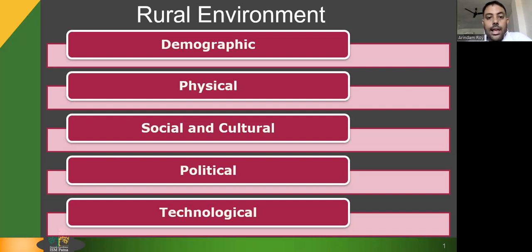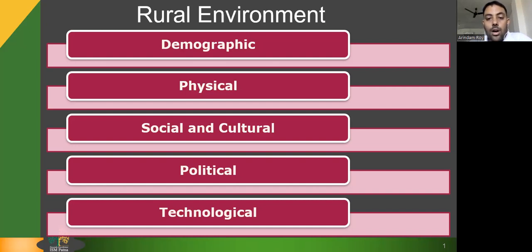If you talk about the physical rural environment, the change is very much visible. If we go back to the 1960s or 70s, most of the houses were made up of thatched roofs, or mud houses were very much evident in the rural sector.